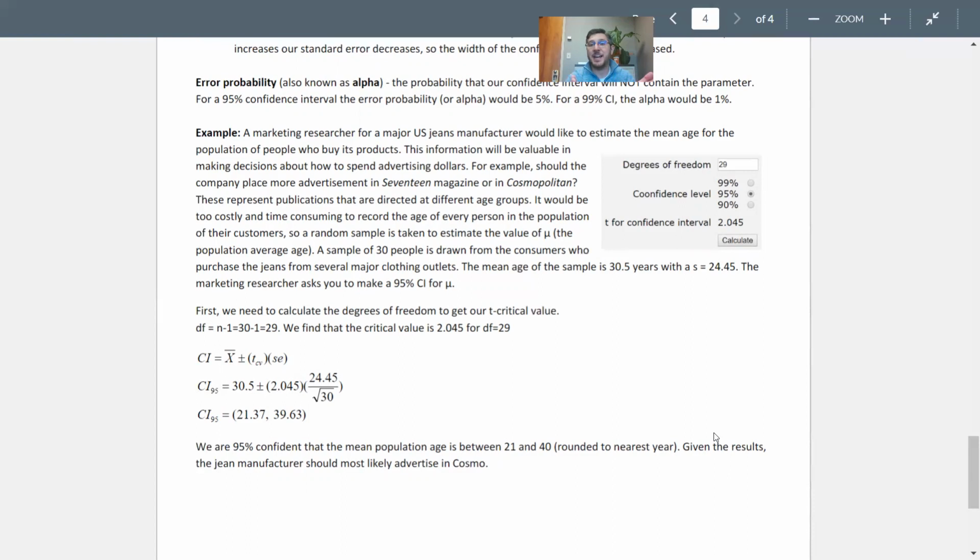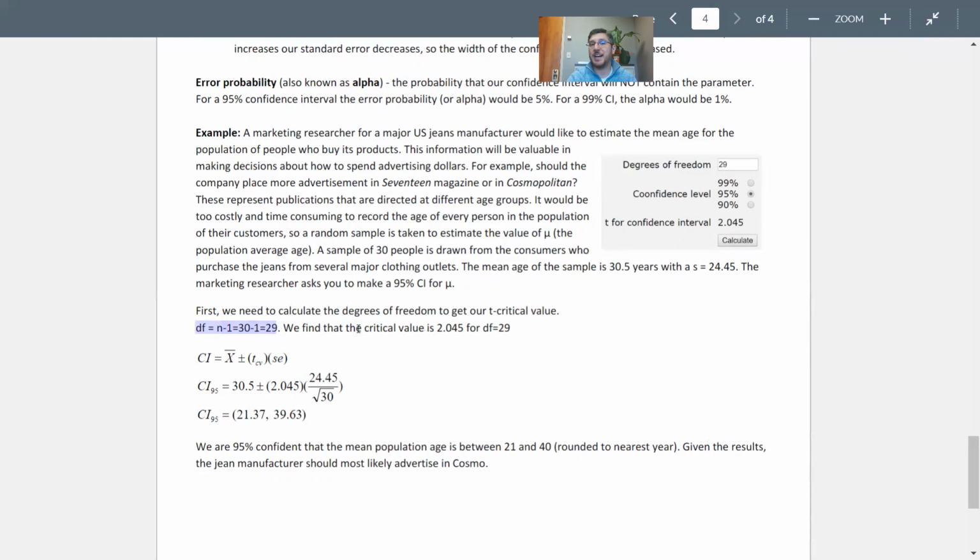The mean age for this sample was 30 and a half years, with a standard deviation of 24.45. The marketing researcher asked you to compute a 95% confidence interval for this mean. So instead of just using the sample mean, we want to create an interval around it in which we are confident the population mean might lie. First we determine the degrees of freedom to use. This is easy, it's just the sample size minus 1.